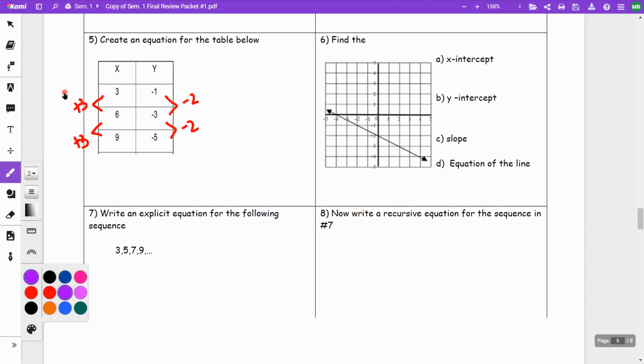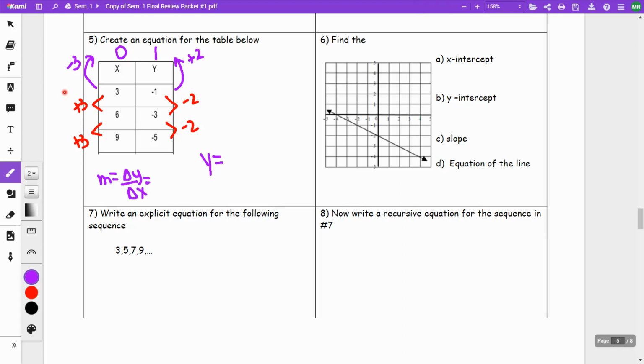So going backwards, I'm going to be adding 2, so that's going to put me at 1. And I'm going to be subtracting 3, which is going to put me at 0. So I'm going to have y is equal to, your slope is equal to your change of y over change of x. So that's going to be a negative 2/3. So it's going to be y equals negative 2/3 x plus 1.